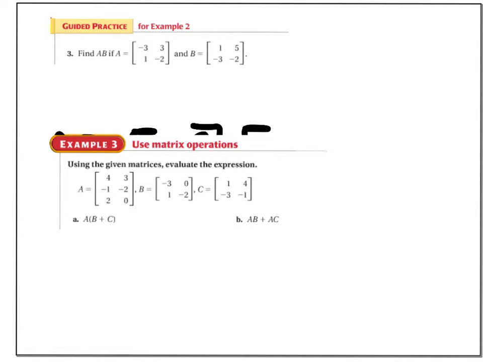Remember, you can rewind. Next, to find this element, I will take my first row, second column. 4 times 0 is 0, plus 3 times a negative 2, which is a negative 6. Moving on. Negative 1 times a negative 3 is a positive 3, plus a negative 2. 3 plus a negative 2 is 1.